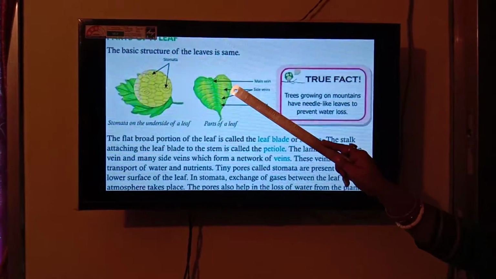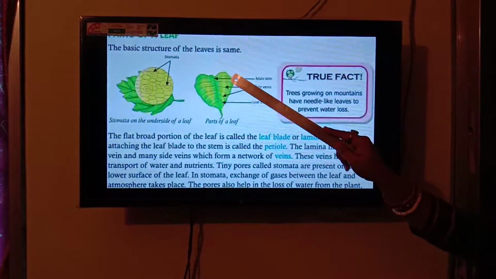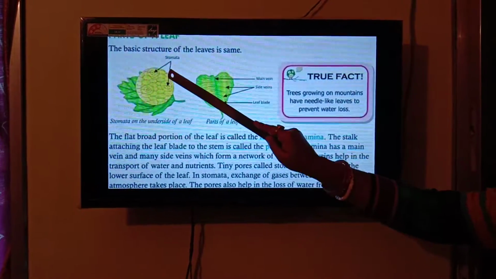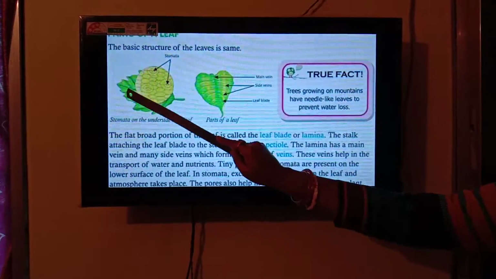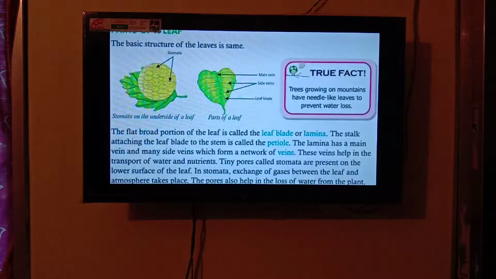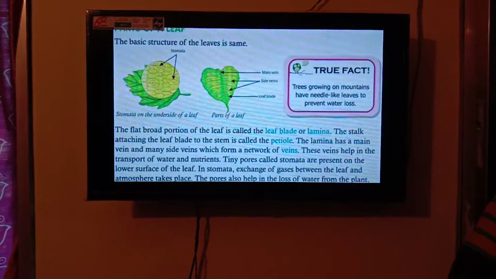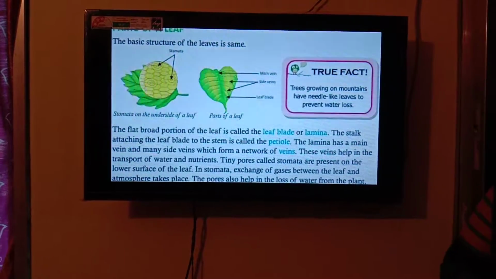And the third one is the vein. Look at the picture, this is a vein. Veins arise from the midrib. The function of the veins is to help transport water and food.